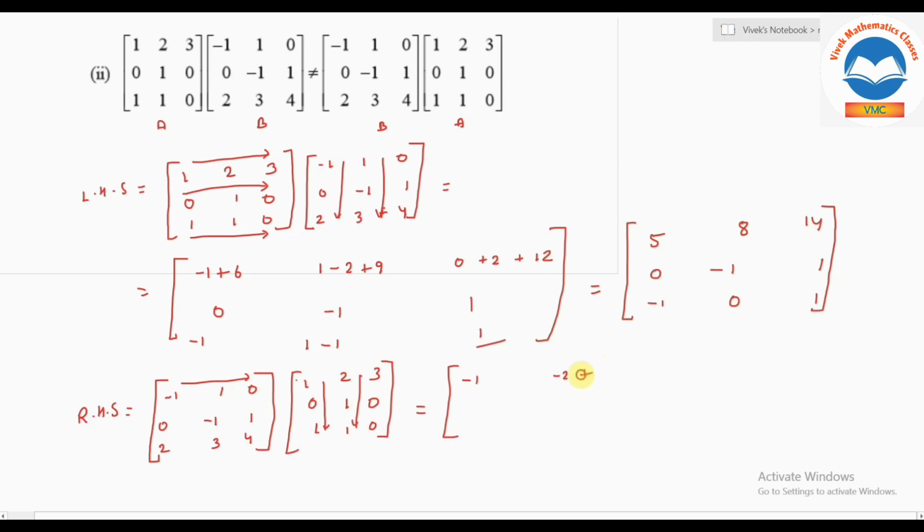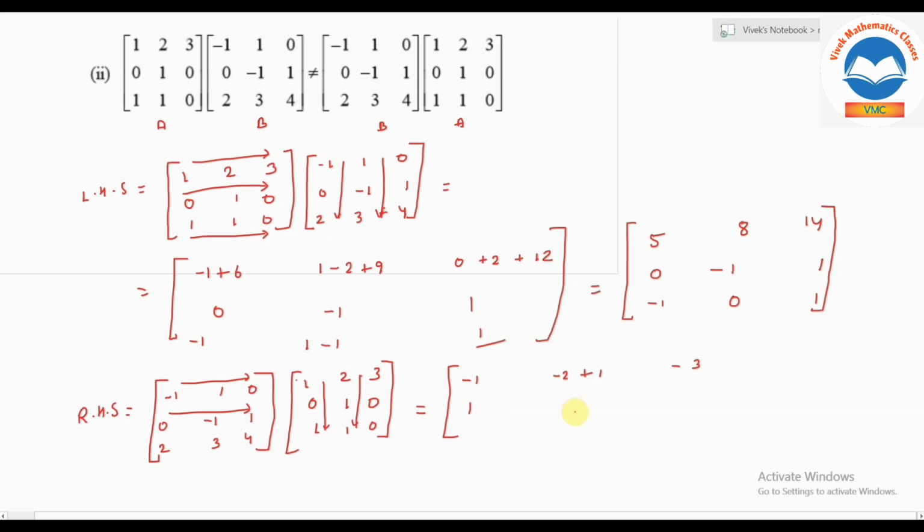And 1 into 1 will be 1 and 0. Next, first row and third column will multiply. So minus 1 into 3 will be minus 3, and this will be 0 only. Next, second row, first column will multiply. So 0 into 1 will be 0, minus 1 into 0 will be 0, and 1 into 1 will be 1.